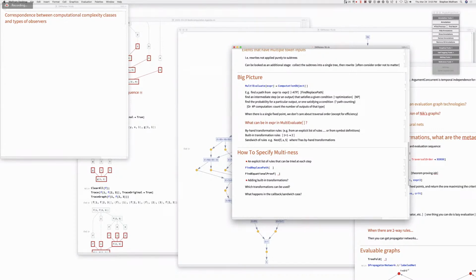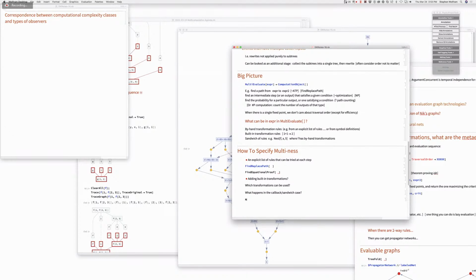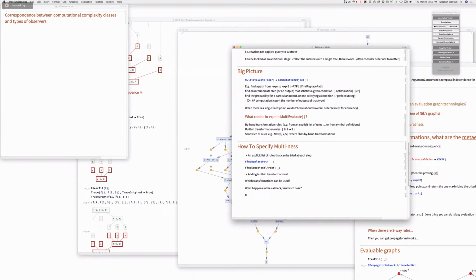Because in other words, in a sense, find replace path is a sandwich, but its only sandwich operator is composition. Am I right there? People understand what I'm saying? I mean, do you mean that you're using built-in system definitions as well as users? Yes, I mean a sandwich. I mean something like nest, where the function that is being used in nest here is something that has user definitions.